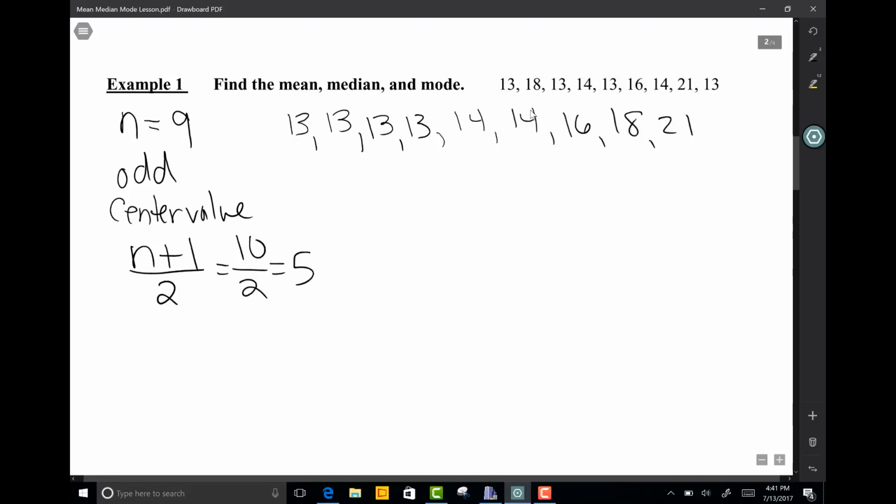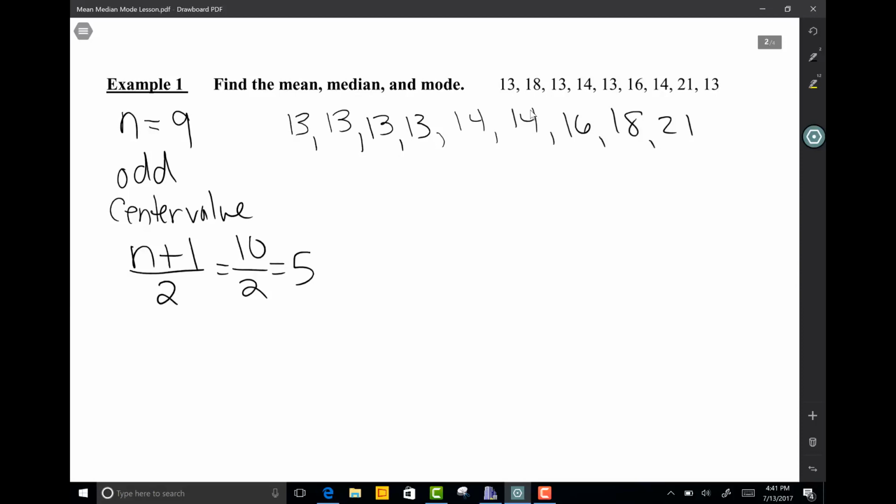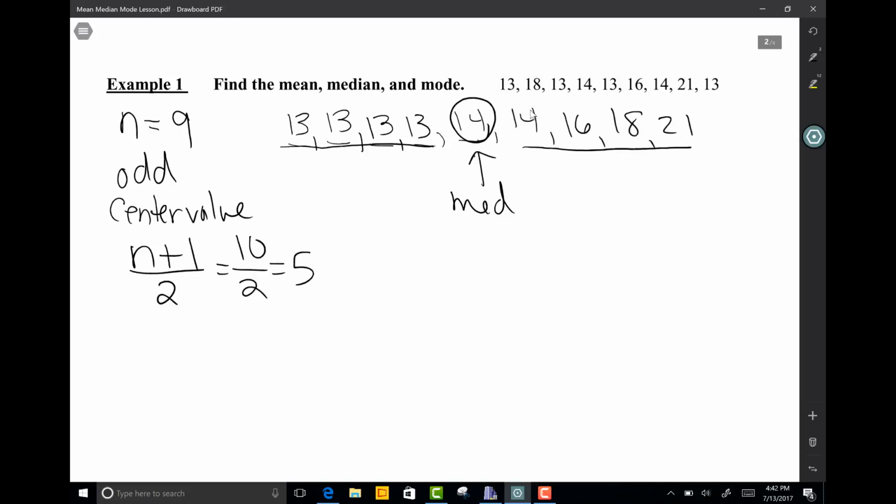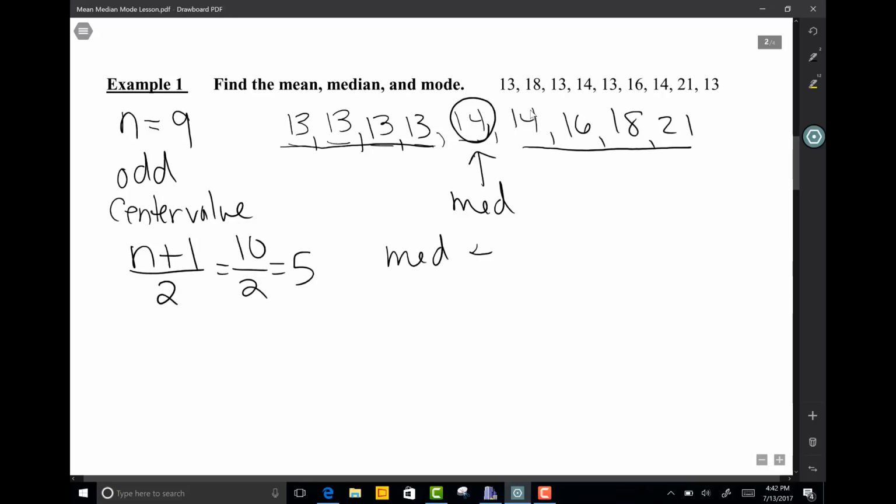So that means my median, after this is ordered from smallest to largest, is going to be in the 5th position. Here's the 1st, 2nd, 3rd, 4th, and 5th. So here's my median. It's the center value. And if you look, I have 4 values on this side and 4 values on this side. So this is truly the center value. So we have the median is 4.